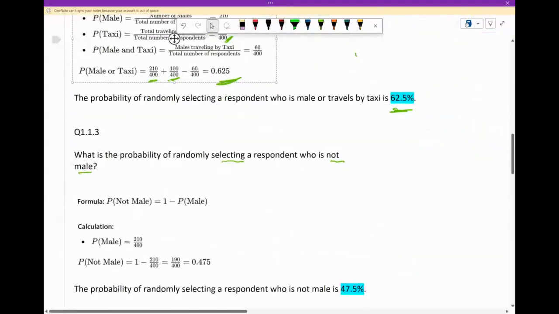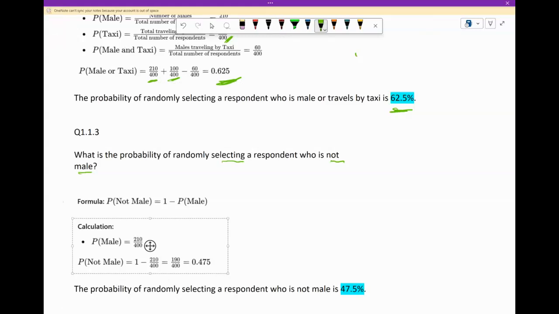What is the probability of randomly selecting a person who's not a male? So the easiest way, because you have one of two ways: you need to find out all the other potential outcomes where someone is not a male, or you can just say, what's the probability of getting a male, minus 1? Because we know all our probabilities add up to 1. So we've obviously chosen to go that route.